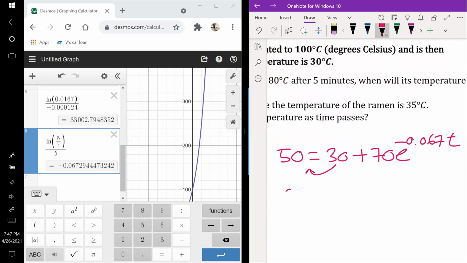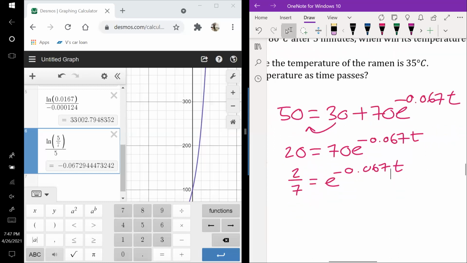There we go. And let's solve for time. Move that 30 over. 20 equals 70 e to the negative 0.067 t. Divide by 70. You'll get 2 over 7 equals e to the negative 0.067 t. Convert to natural log, and you have natural log of 2/7 equals negative 0.067 t.